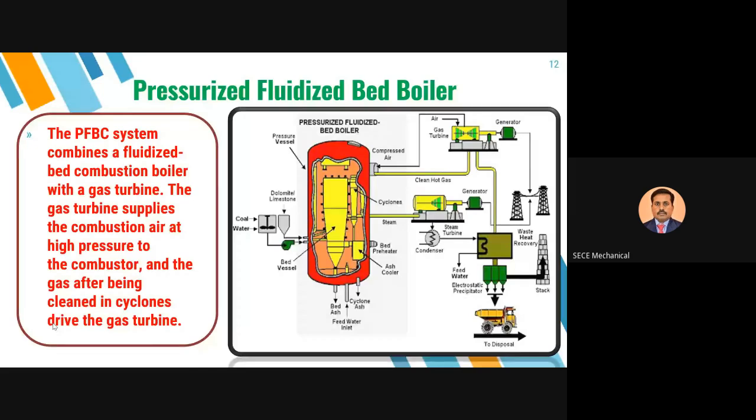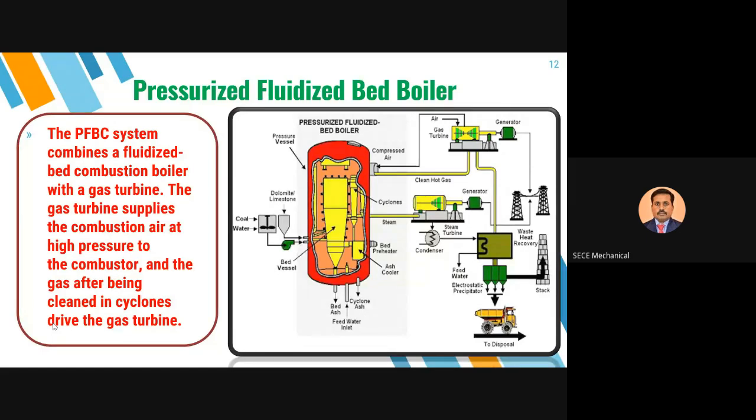So when forced air is supplied, the coal is highly ignitable. With the help of that, we can create steam generation in a very rapid manner. Okay? So steam generation is not only high, we can create it in a rapid manner. So if we want fast steam generation, we can go with the pressurized fluidized bed boiler.